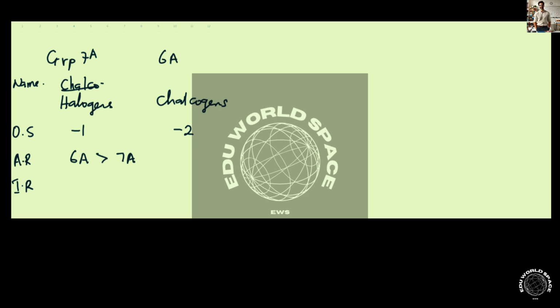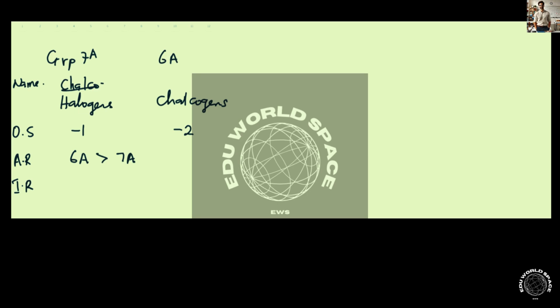Ionic radii comes from when we lose or gain an electron, so you form an ion. Group 7A and 6A have ionic radii when they gain an electron.